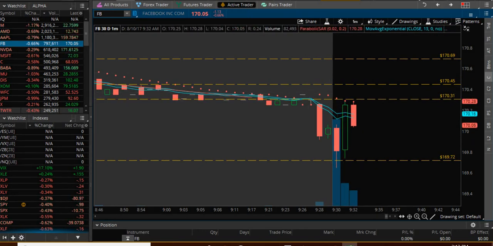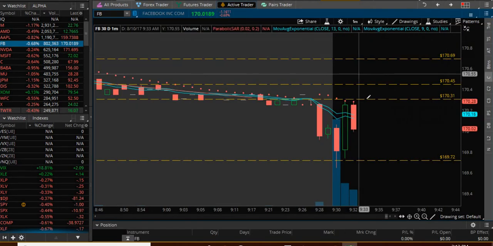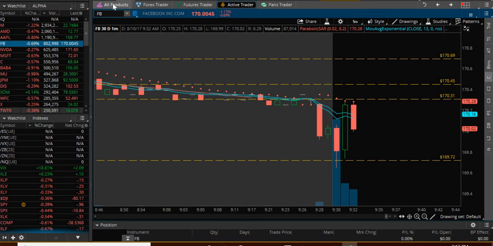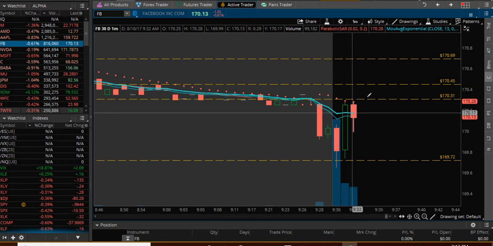This up here is resistance. So let's see exactly what's gonna happen here. We actually did crack the EMA, but we're still not through it.